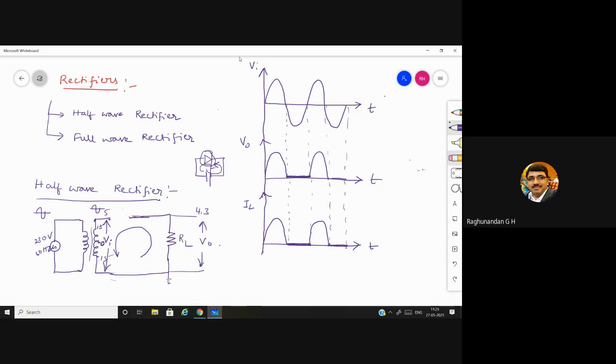During reverse bias condition, or during the negative half cycle of the input, the diode is going to be reverse biased. Because of that, the output will be 0. This is how actually the rectifier works.